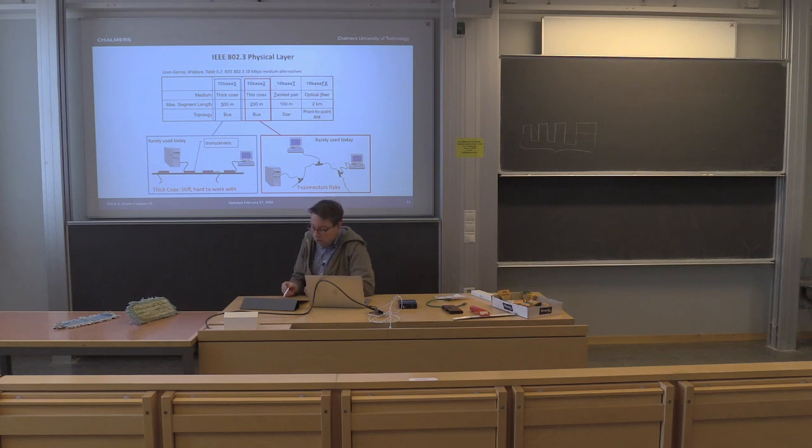So it's not really nice to work with. So there was a version using a thinner coaxial cable. This was an improvement, but still not very good. So anyways, after a while, this was abandoned in favor of twisted pair instead.